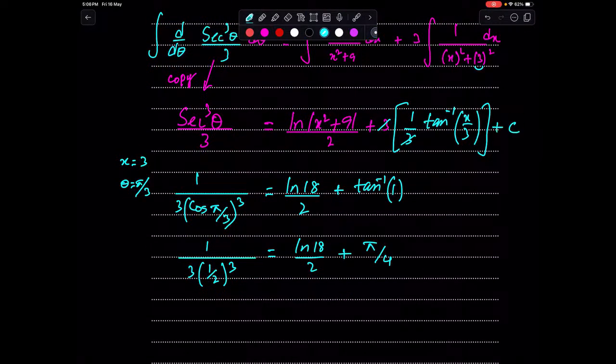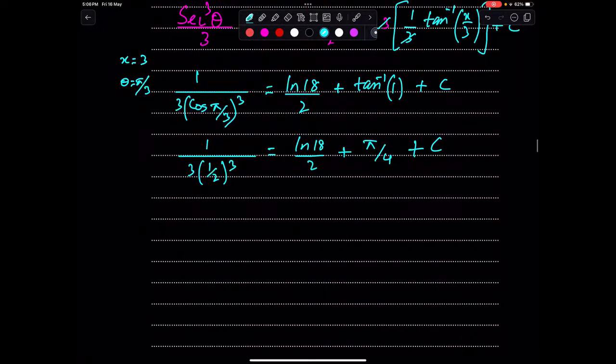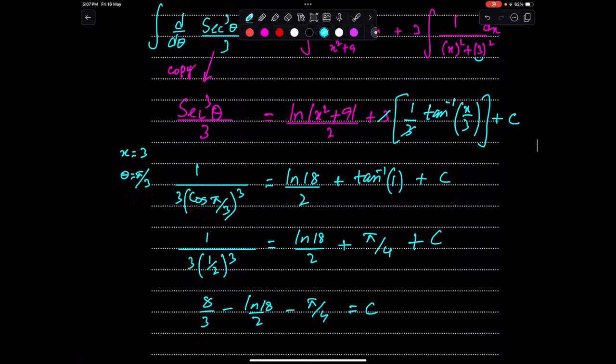Here I forgot to write C, so C is here. So C will become 8 upon 3 minus ln 18 upon 2 minus pi by 4. Now substitute this into equation 1.